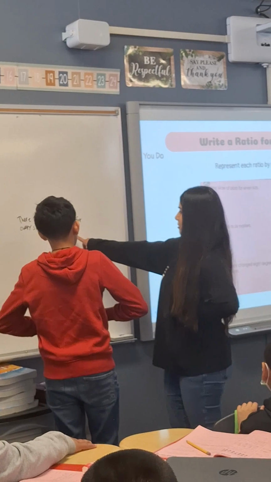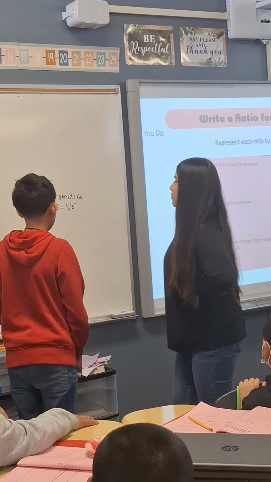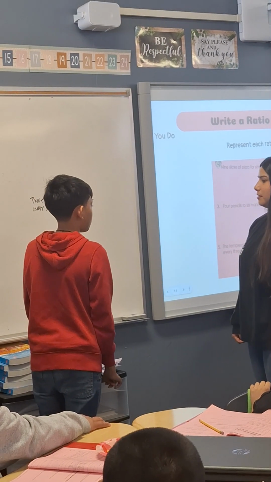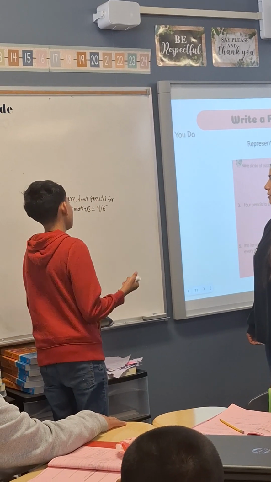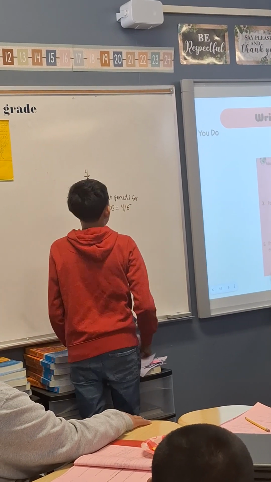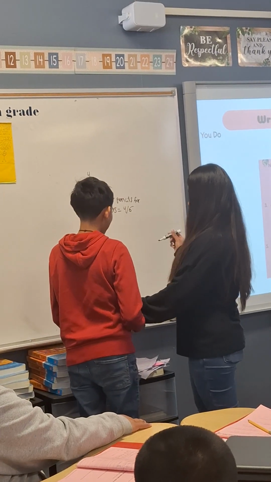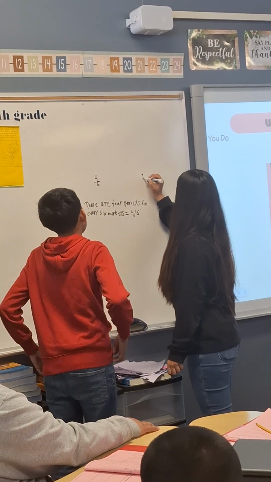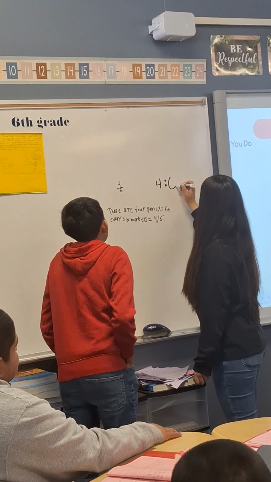So that's your 4 to 6. How about with the symbols? How will you show that? With the color. That's still a fraction. You remember our symbol? This is our symbol, 4 to 6.